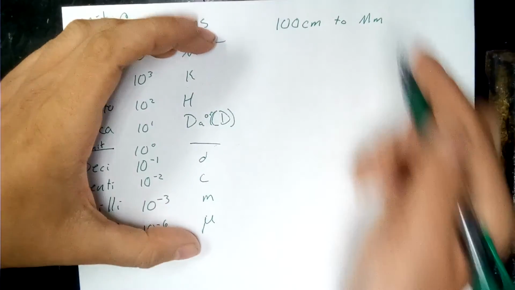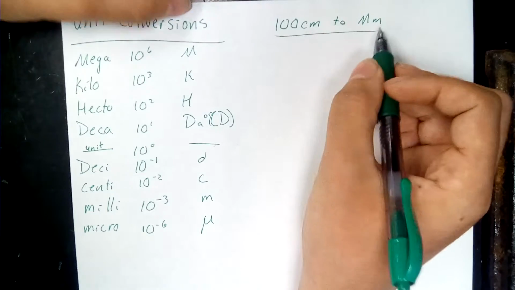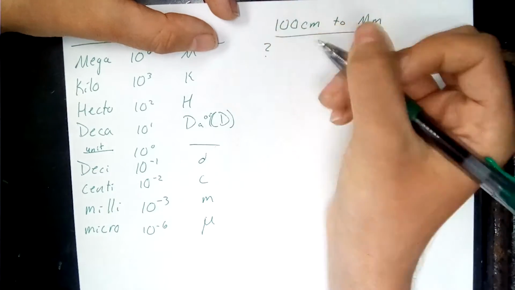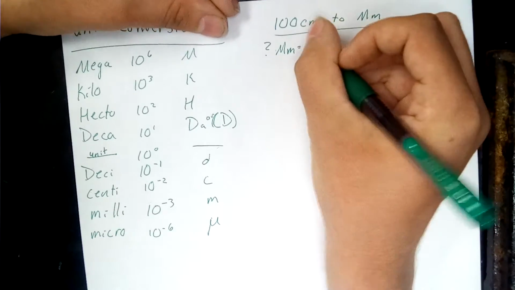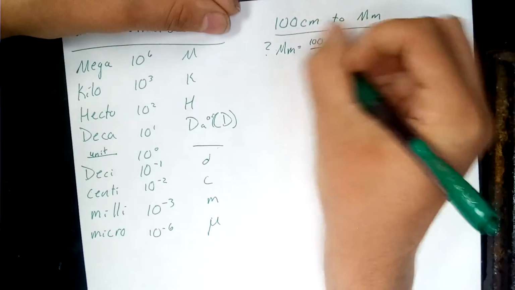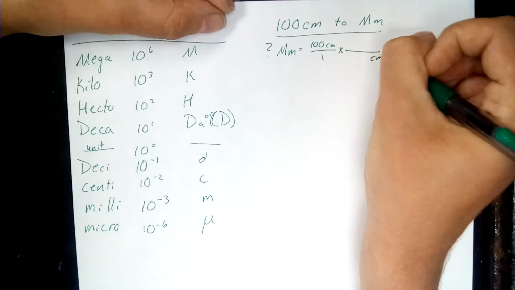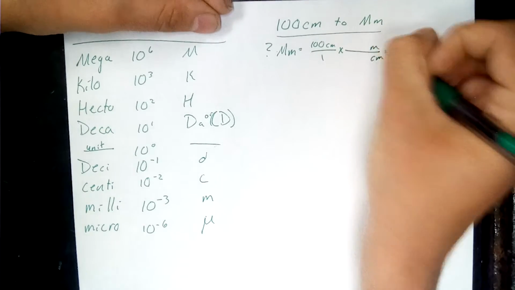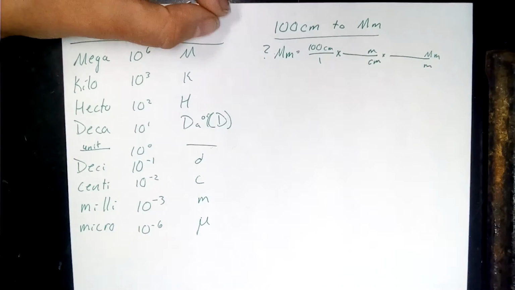So what we can do is, if we're doing 100 centimeters to megameters, we would just start off with question mark Mm equals 100 centimeters over 1. So we want to go from centimeters to meters, and then meters to megameters.